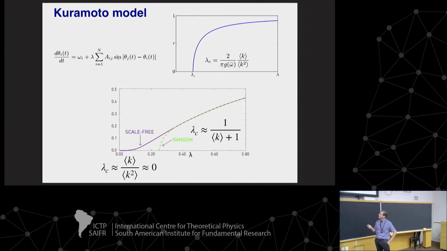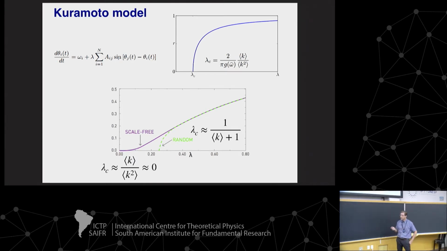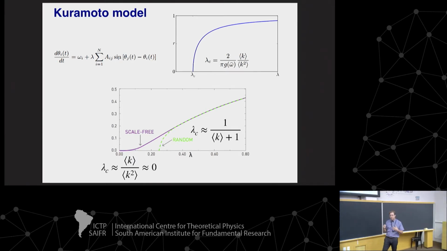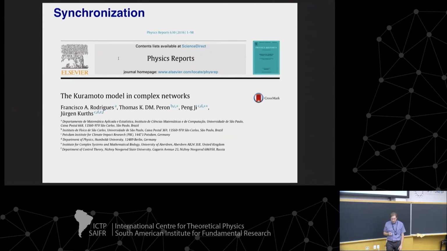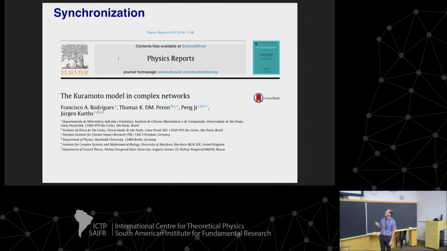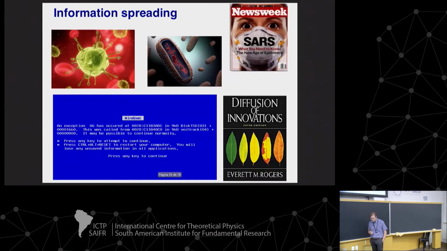Then these networks are very easy to synchronize, okay? Since this critical coupling is very small, scale-free networks are easier to synchronize than random networks. This is more or less the review on the Kuramoto model. If you are interested in studying Kuramoto models, it was published in 2016 in Physics Reports.